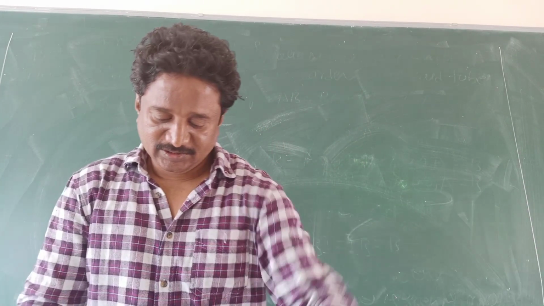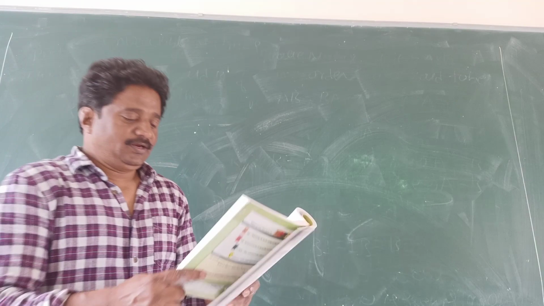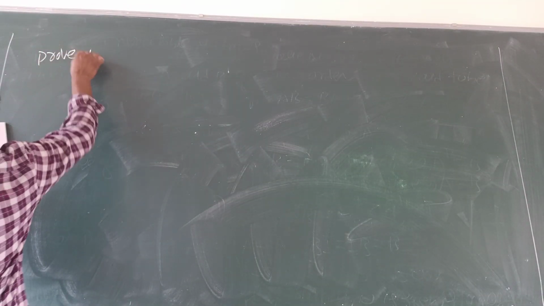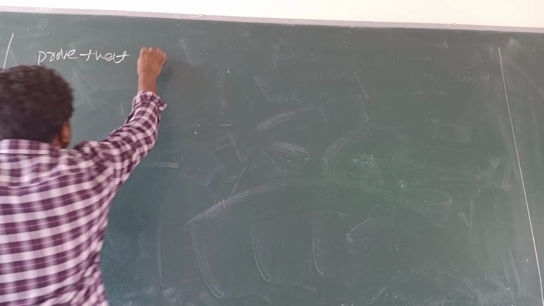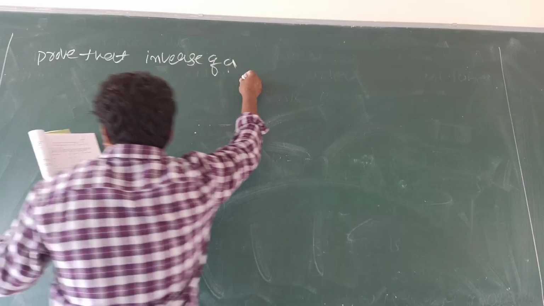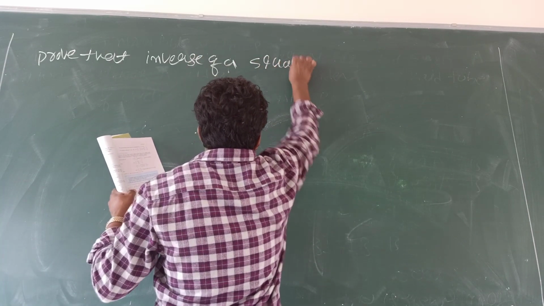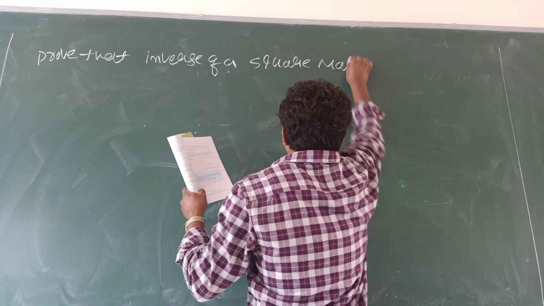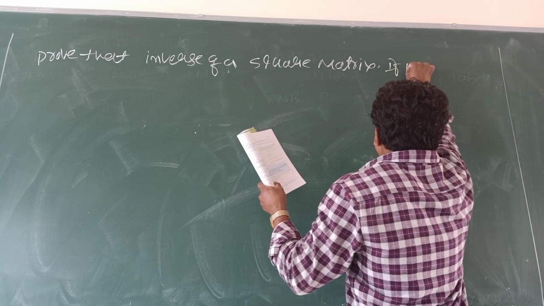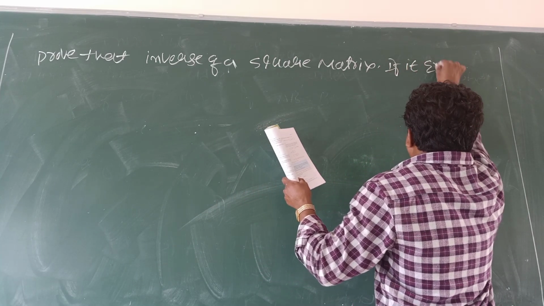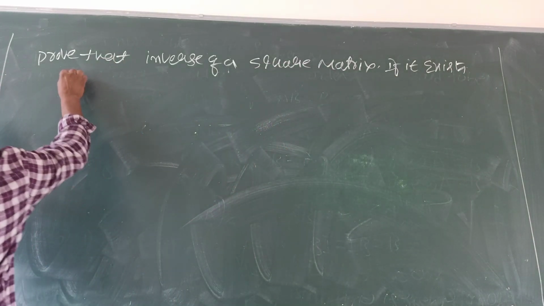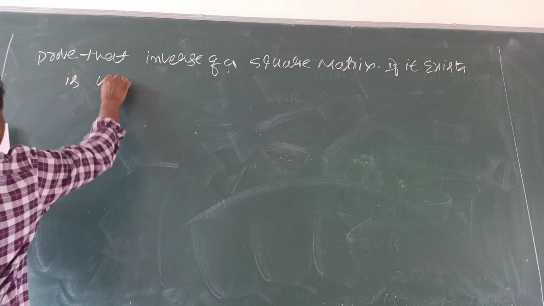First question. Inverse of a square matrix. Prove that the inverse of a square matrix, if it exists, is unique.